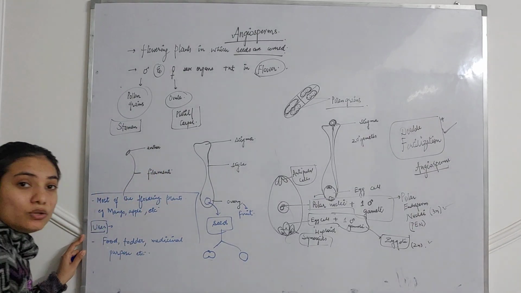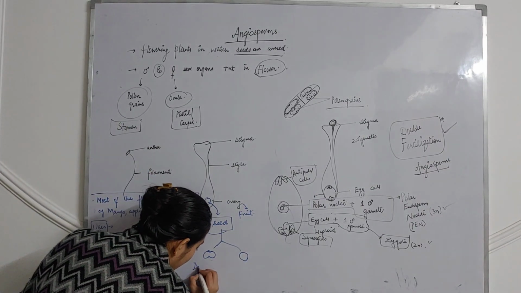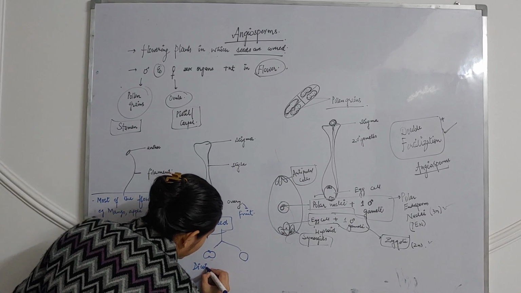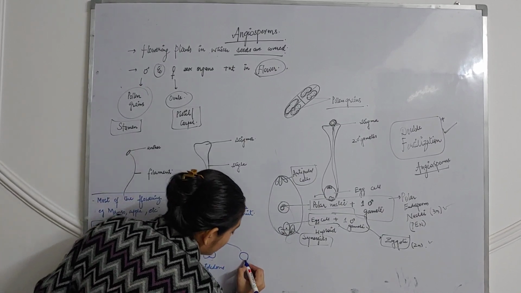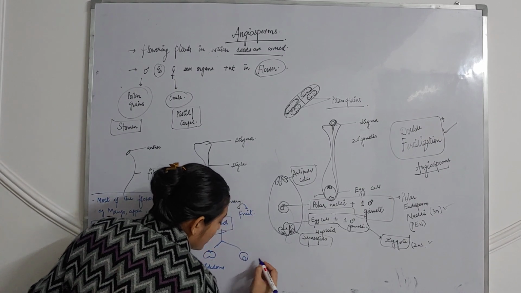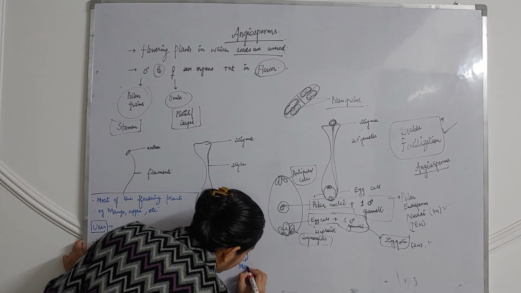When it has two cotyledons, we call it dicot or dicotyledon. And when it is present in single grain form, it is called monocotyledon.